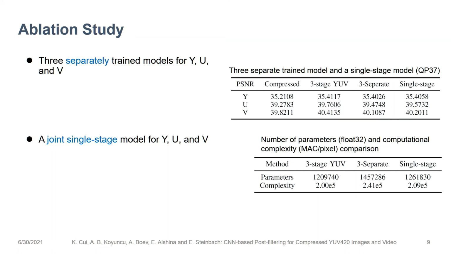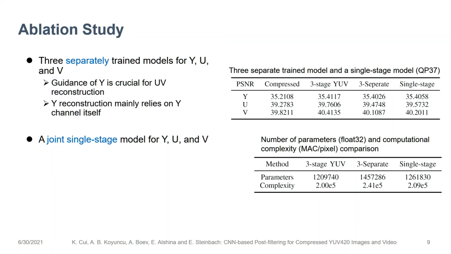However, for U and V channel, we suffer from a large loss. This means the guidance of Y channel is crucial for U and V reconstruction, and it also means the Y reconstruction mainly relies on the Y channel itself.